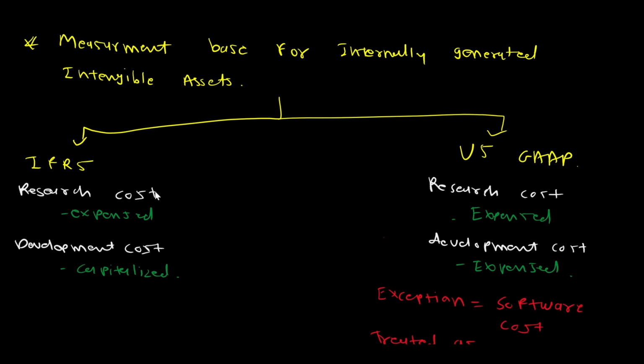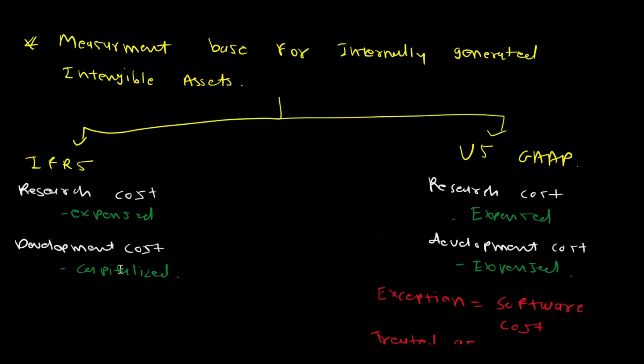So if you are researching on building a product or any intangible asset, you need to expense it, and if you are developing that product or intangible asset, you could capitalize it in the development phase.